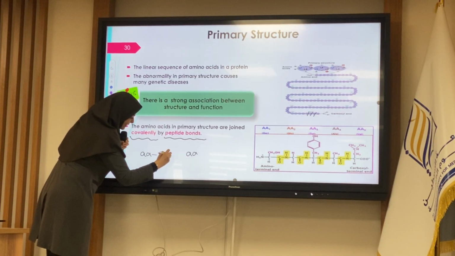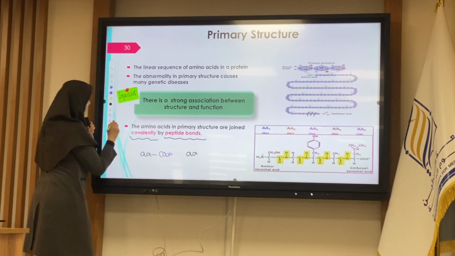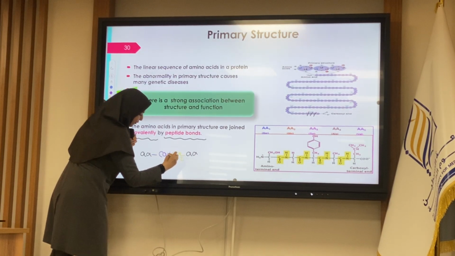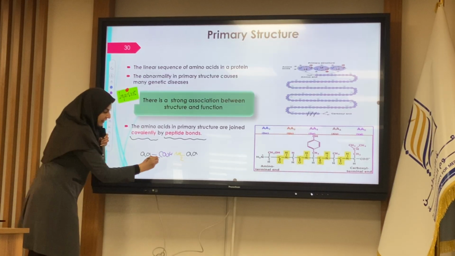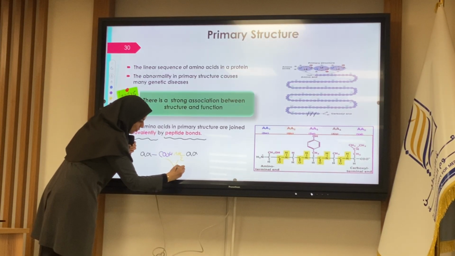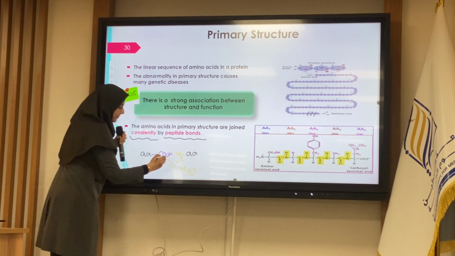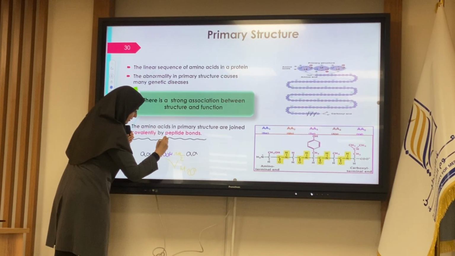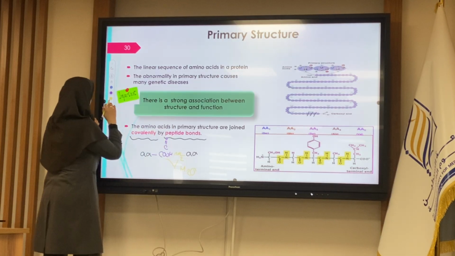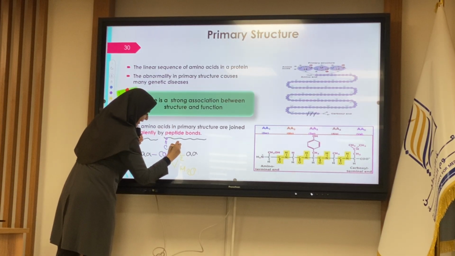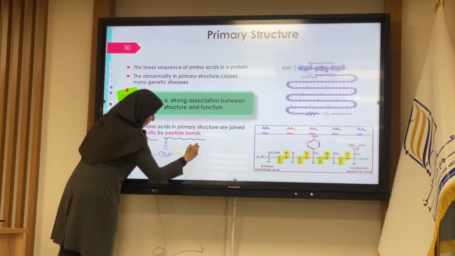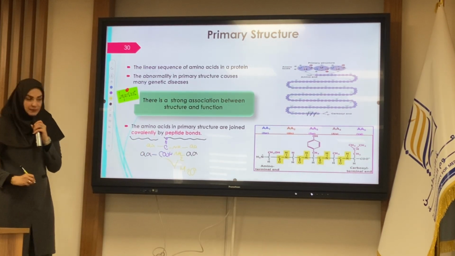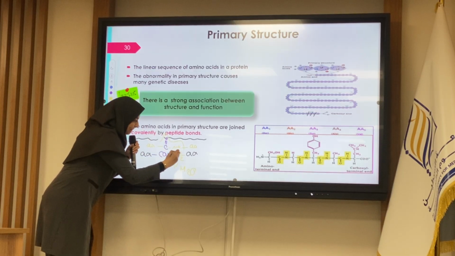One of the ends is COOH here, another is NH2. Following the release of the atoms of water, what is the result? C double bond O and NH, and this amino acid is connected to the other one. Do you understand? So this is a peptide bond.